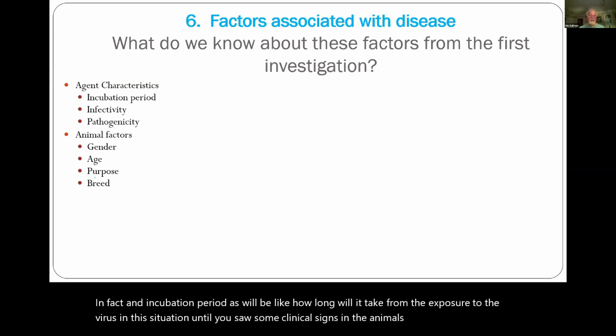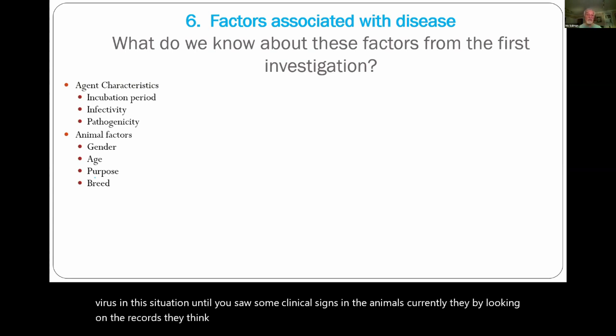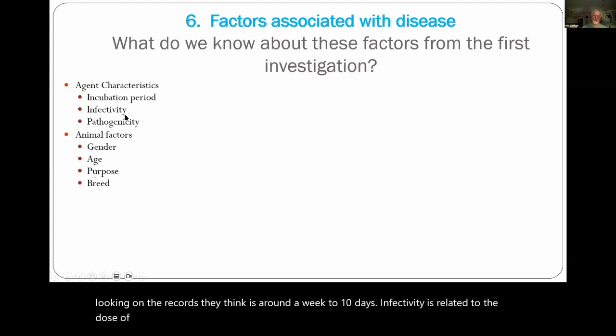Currently, by looking at the records, they think it is around a week to 10 days. Infectivity is related to the dose of the virus, but also to how virulent the virus is.